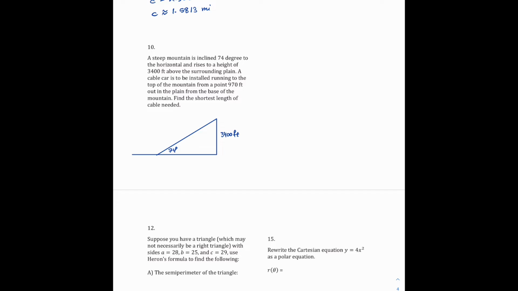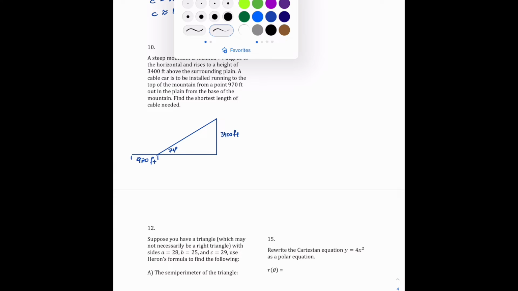A cable car is to be installed running to the top of the mountain from a point 970 feet out on the plane from the base of the mountain. The distance from here to here, let's say, is 970 feet. We would like to find the cable car length, which I'm going to color a different color.